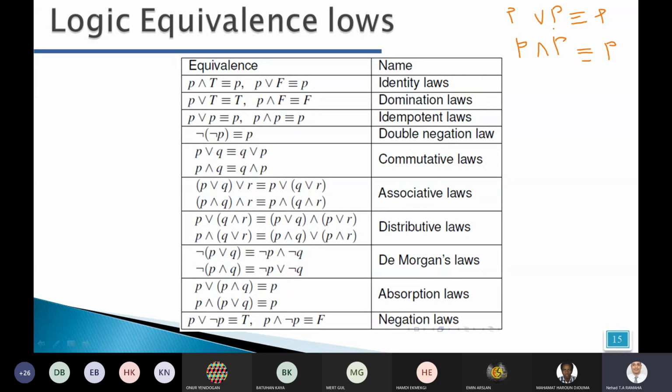If P is false, false or false will be false. Likewise, true and true will be true, the same value as P. False and false will be false.